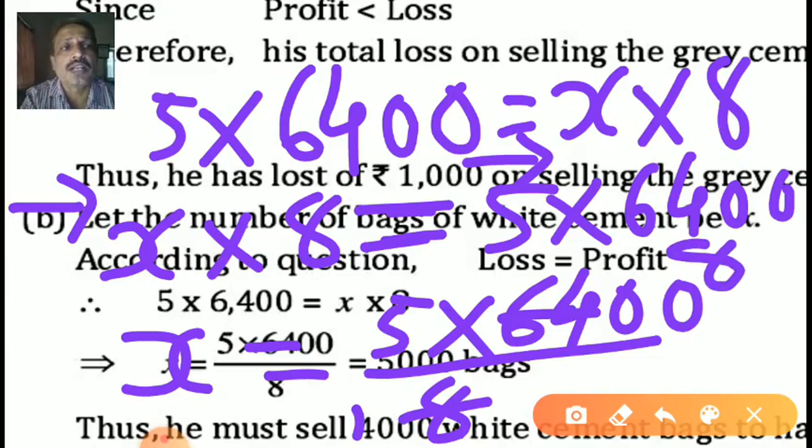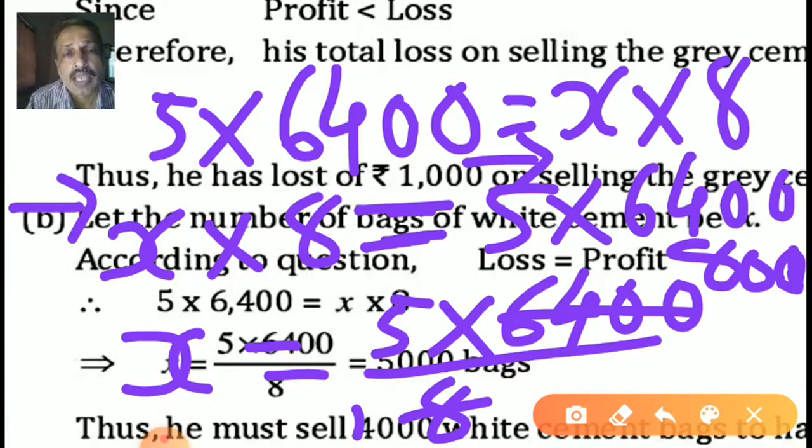And how many zeros are there? 2, 2 more zeros. Correct. Now what is left on the right side? X is equal to 5 into 800. 5 into 800 will give us 8 5s are 40 and 2 more zeros.